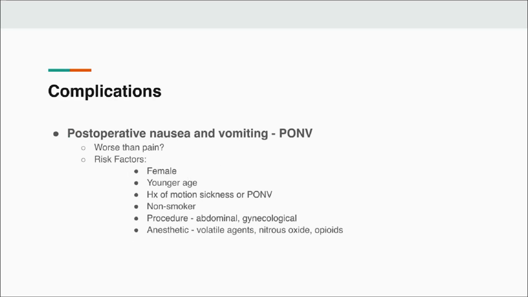Being a non-smoker puts you at risk, so one of the only things that smoking is beneficial for. The procedure that's being done can put them at risk, so if it's an abdominal procedure or a gynecological procedure, they're at higher risk. And then the type of anesthetic we use can put them at a higher risk, volatile agents and nitrous oxide and opioids being the main players there.